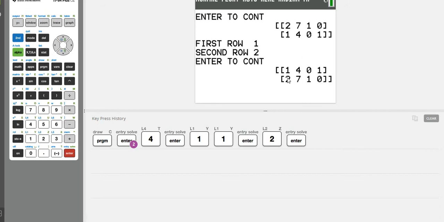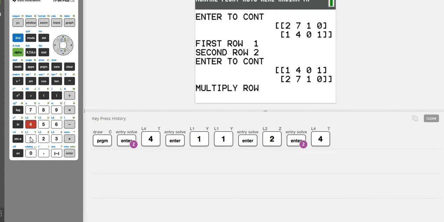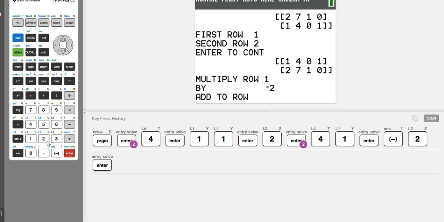And then I wanted to get rid of the 2 down here. So I'll multiply row 1 by negative 2 and add it to row 2. So that's going to be a multiply row add. That's the fourth option down. Multiply row 1 by -2. Add it to row 2.